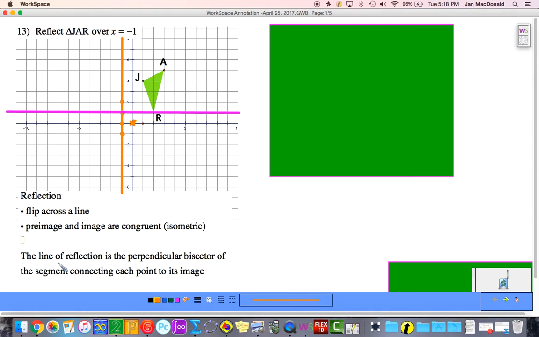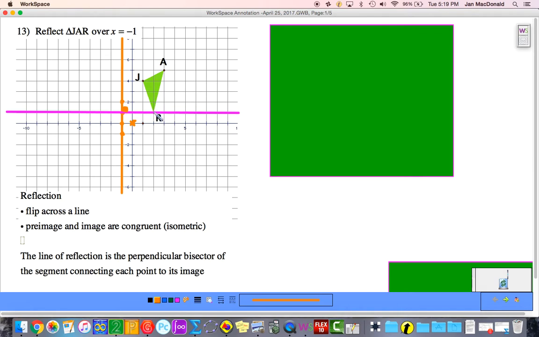So let's go back and read this again. The line of reflection is the perpendicular bisector. Well, I clearly have perpendicular here. You can clearly see the right angle. What do we mean by bisector? A bisector cuts a segment in half. What segment? The segment connecting each point to its image.